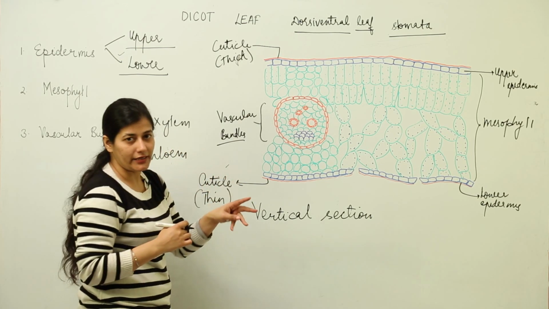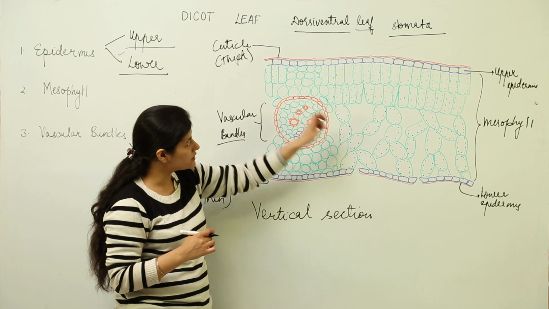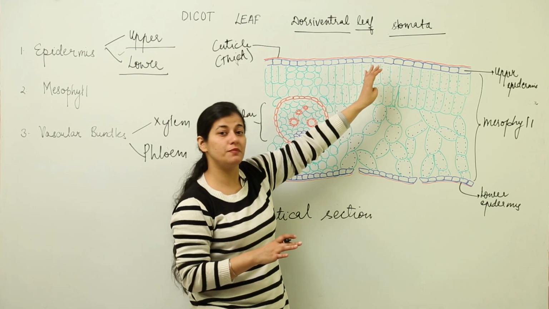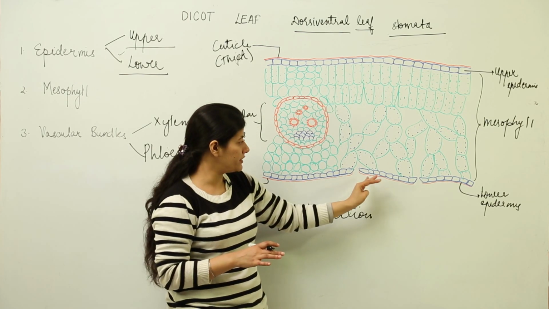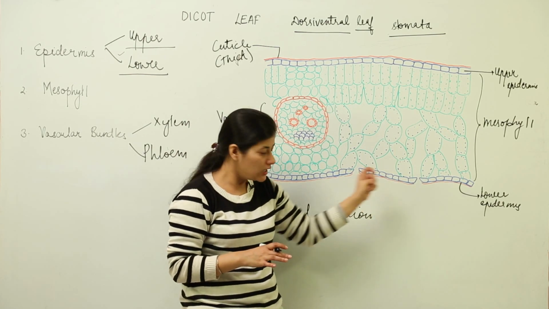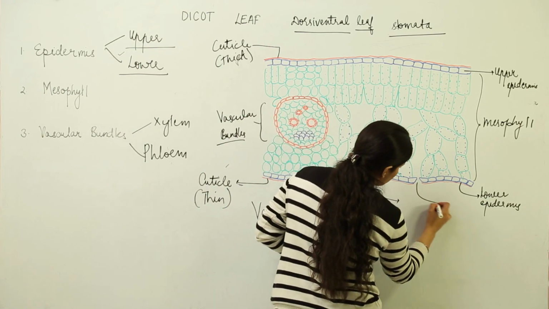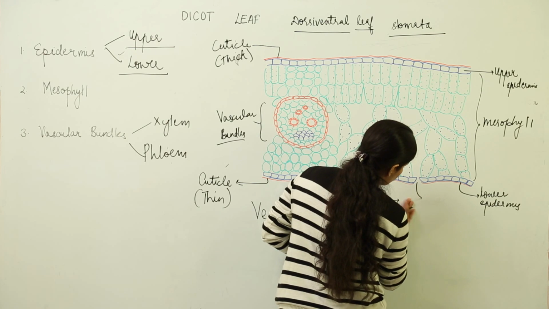Secondly, while the upper epidermis might or might not be continuous, the lower epidermis is having pores in it. There are small spaces which are known as stomatal pores.